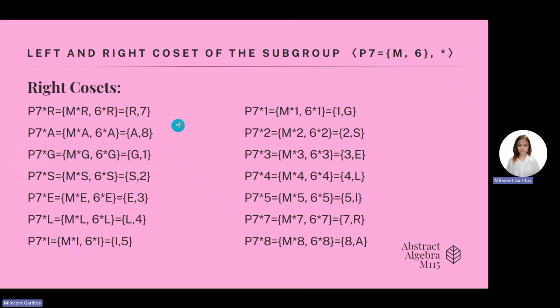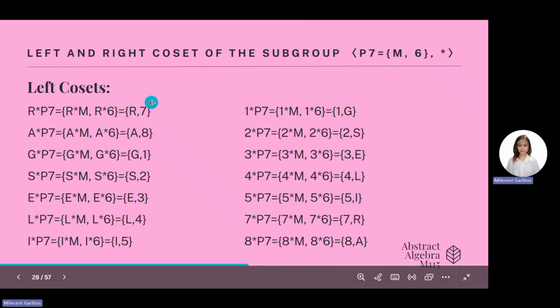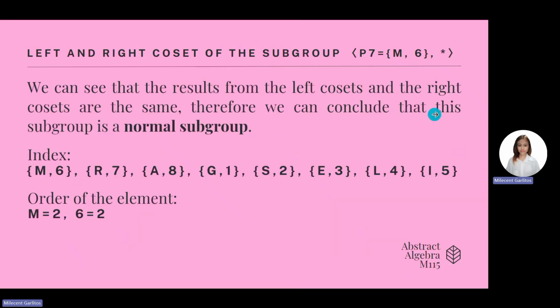And we can see that the outcomes from the right cosets are the same from the outcome of the left cosets. And through this, we can conclude that this subgroup is a normal subgroup since the outcomes from the left cosets and the right cosets are the same. And the index would be M6, R7, A8, G1, S2, E3, L4, and I5. And the order of the element would be M is equal to 2 and 6 is equal to 2.